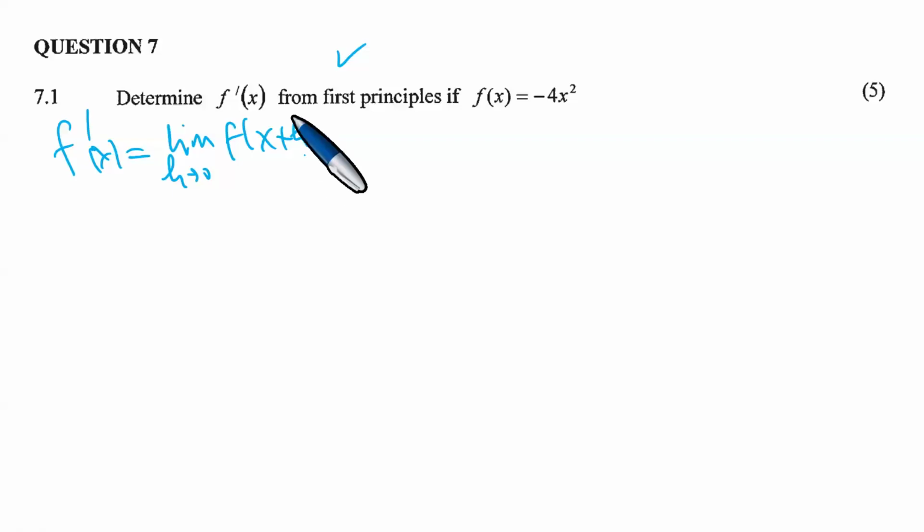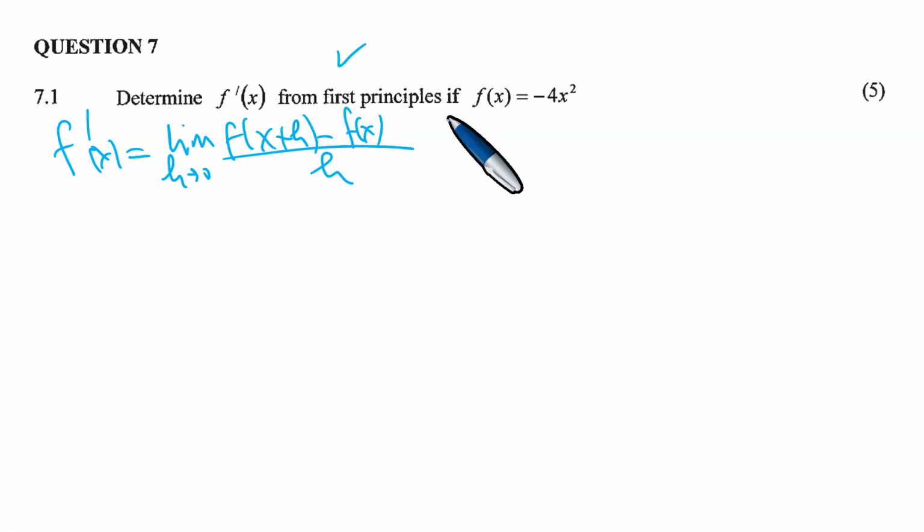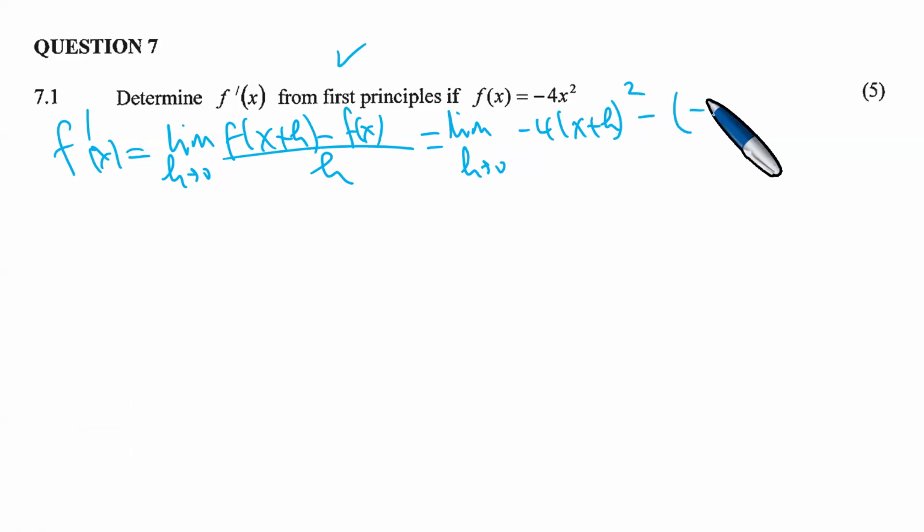So the first principles notion of this means f prime is the limit as h tends to 0 of f at x plus h minus f at x over h. Which is the limit as h tends to 0 of minus 4 (x plus h) squared minus minus 4x squared, all over h.